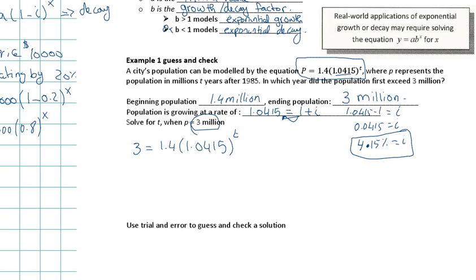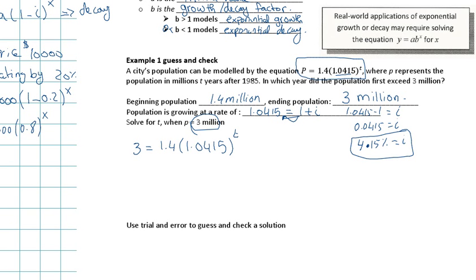Now, how would I solve for that t? What's the first thing that you want to do? Get it by itself. How would we do that? 3 divided by 1.4. That's right. The first thing you want to do is get rid of that 1.4, right?